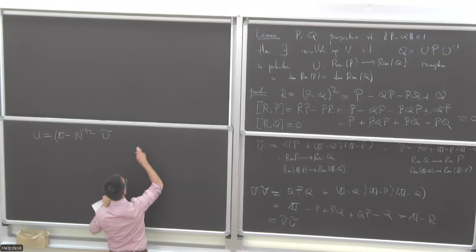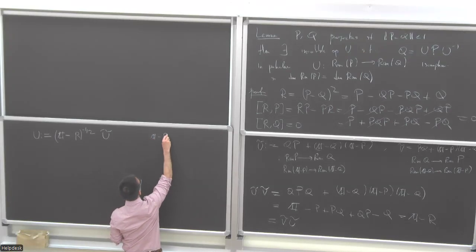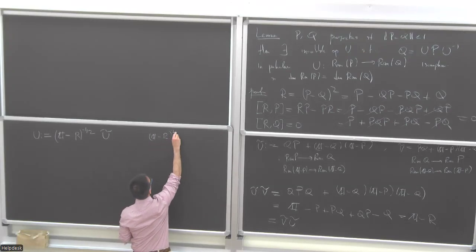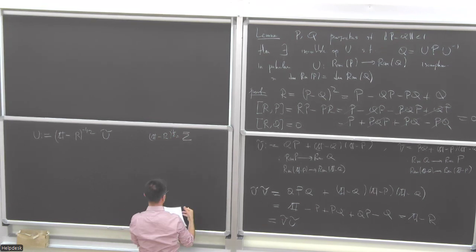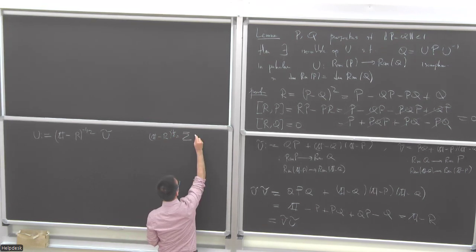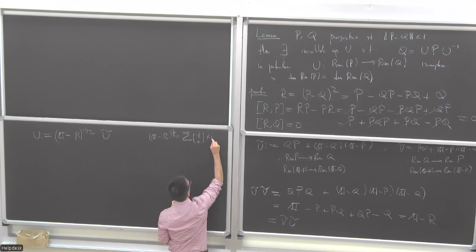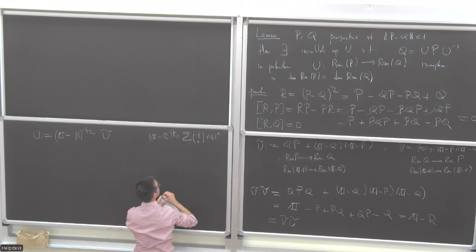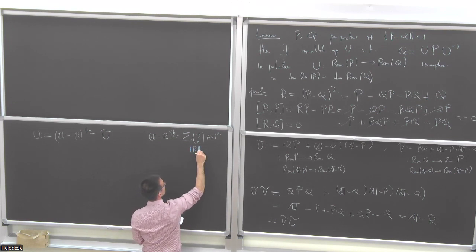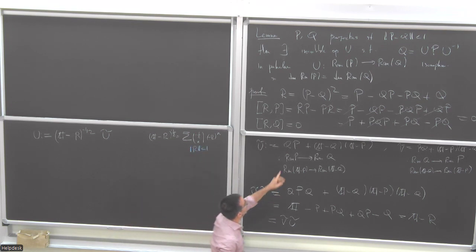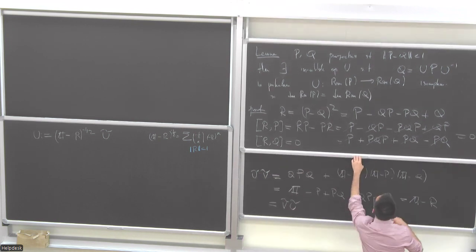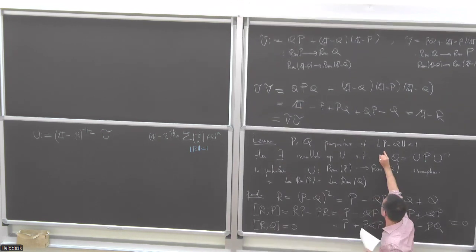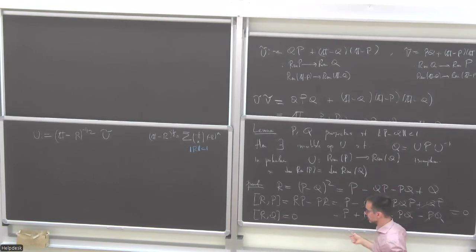So identity minus R to the minus 1/2 you can define by a norm series as the sum of binomial minus 1/2 over n of minus R to the n, and this is well defined because the norm of R is strictly smaller than 1, and it is strictly smaller than 1 because of the assumption that the norm of the difference is smaller than 1.